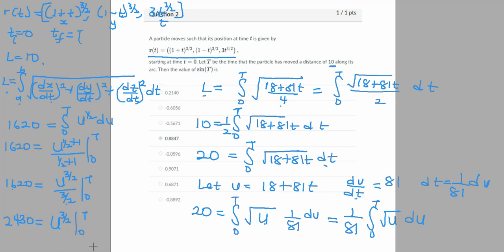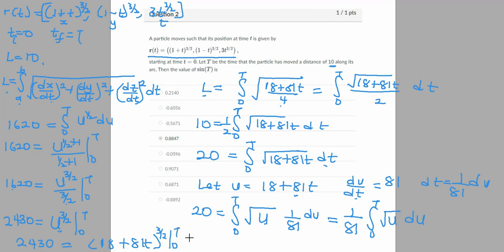Now with this, I can bring back my u. My u is 18 plus 81t. So 2430L equals 18 plus 81t raised to power 3 over 2 from 0 to t.